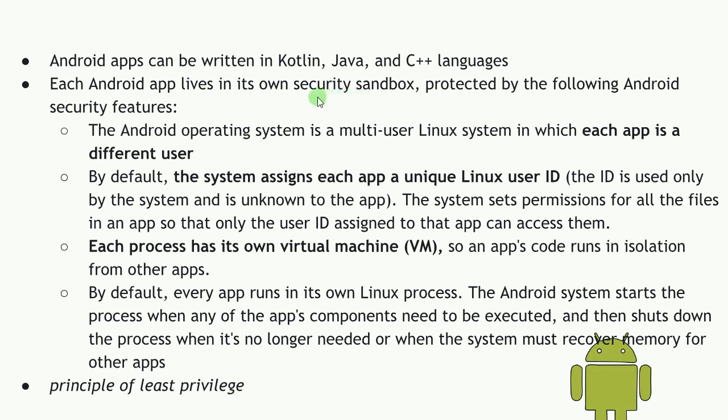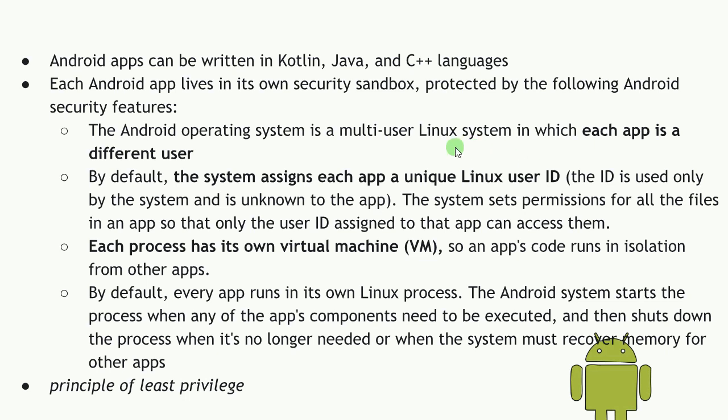So just to introduce these to you, every application in Android has its own security sandbox, which is protected by the following security features that Android provides. Now, you might already know that Android is a Linux-based system, and in future there is talk about it getting converted into an OS being developed by Google itself.